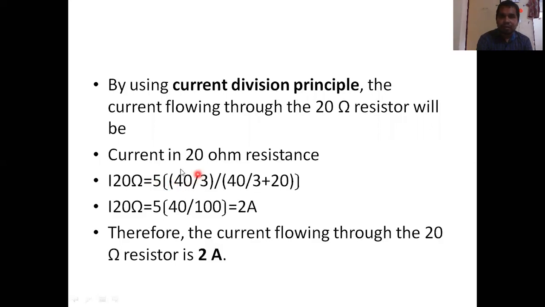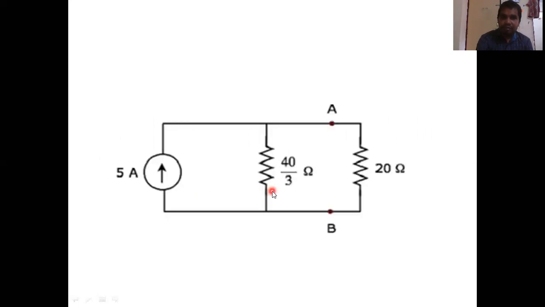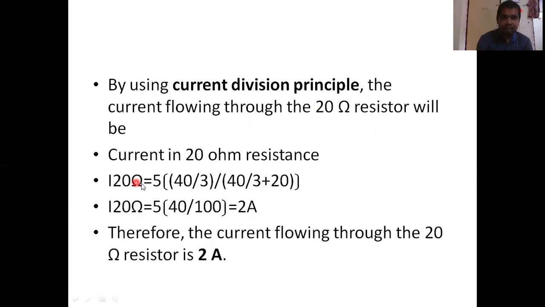The opposite resistance, 40/3, divided by the sum of both, 40/3 plus 20, multiplied by 5 ampere. That is what is written here. This is the current in the 20 ohm resistor. So 2 ampere. There also we determined 2 ampere with Thevenin.